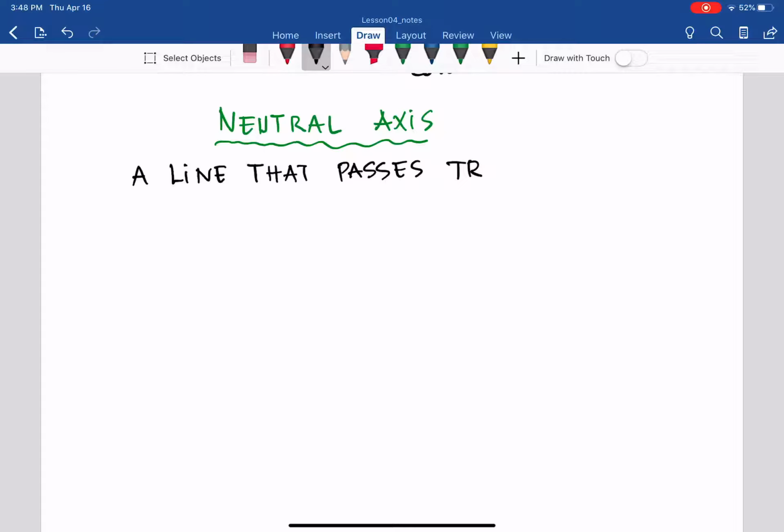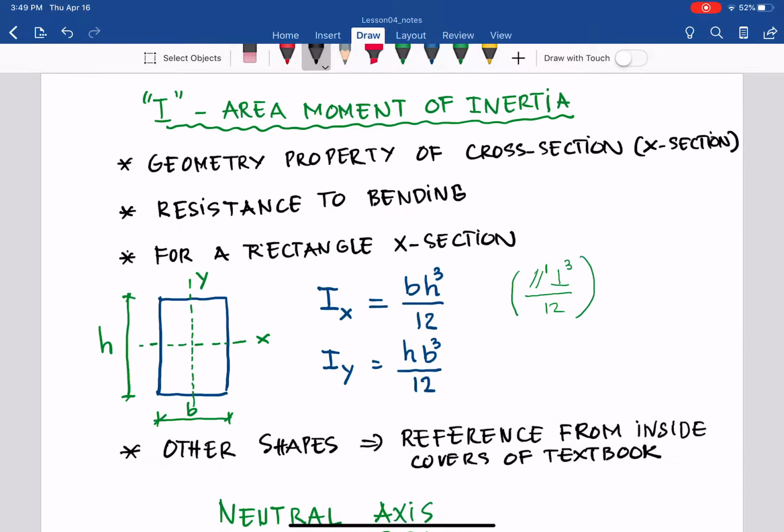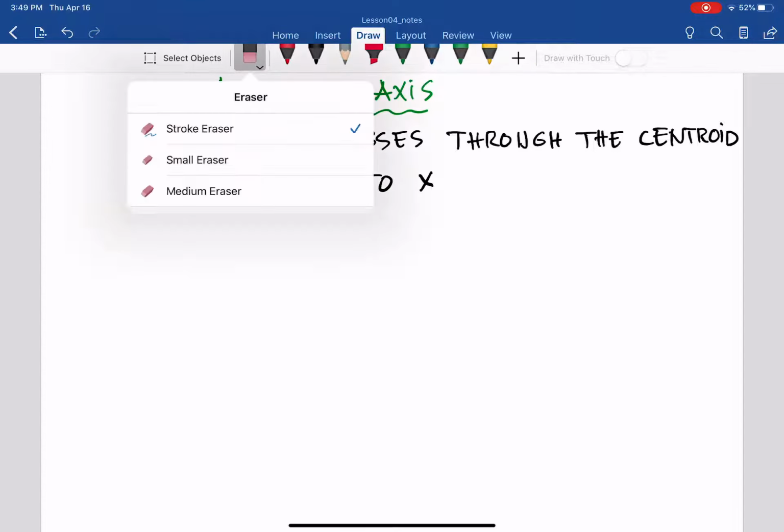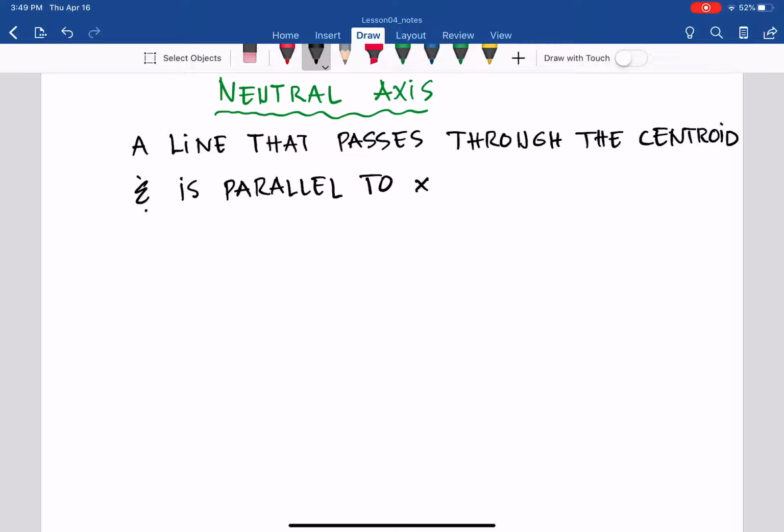Do you recall what the centroid is? Centroid is the center of geometry of the shape, and the line is parallel to the x or y axis. So that we call it the neutral axis.